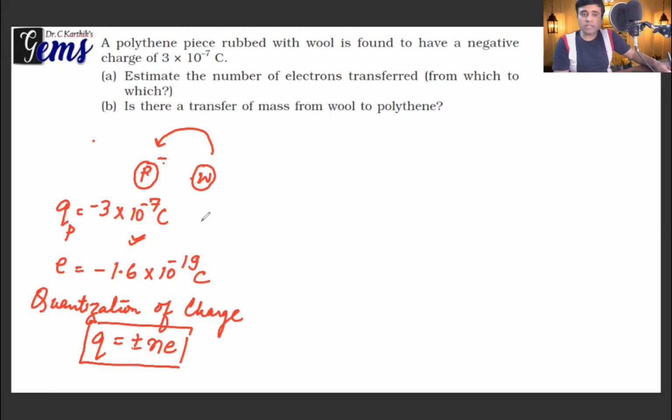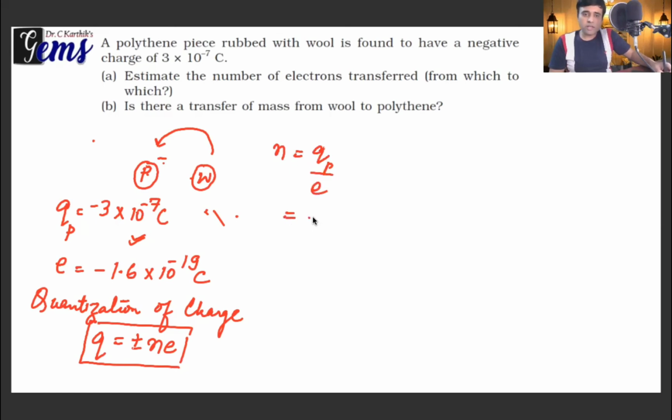So now if we use this formula, we can write here the n which we have to find in this question. We have to find basically how many electrons have been transferred. We can write small n is equal to Qp by e.